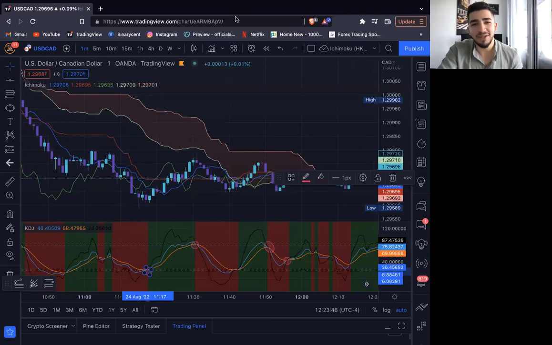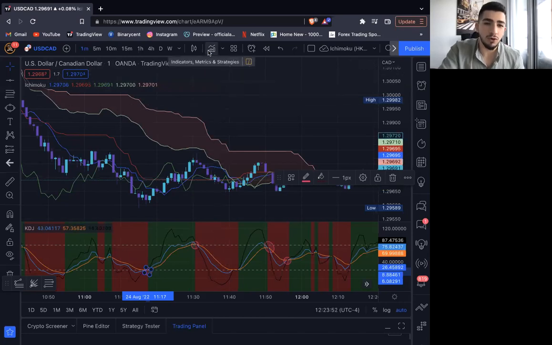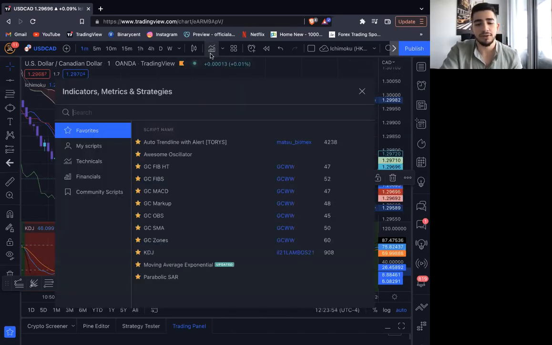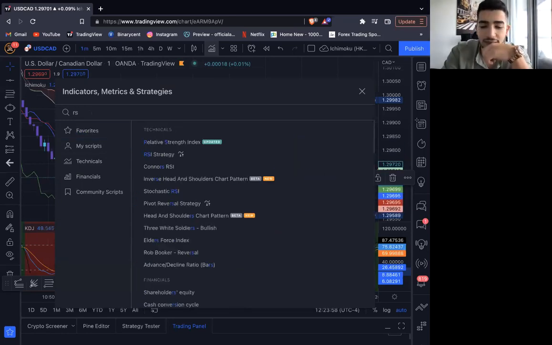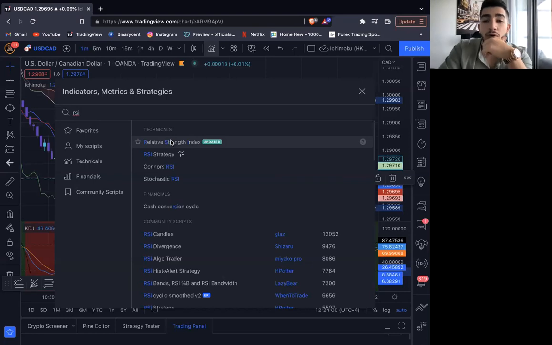Exactly. Some people already know what I'm going to drop. But if you guys are not familiar with it, I'm going to go to the indicators part and type down RSI, also known as relative strength index. This is a built-in indicator.